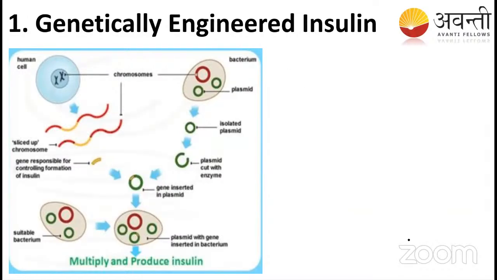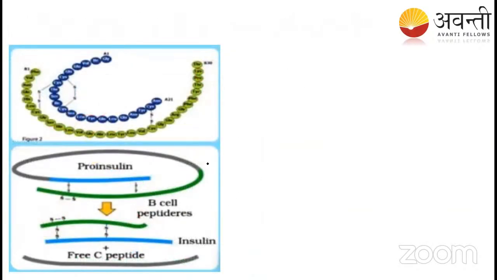See here, this is the proinsulin. It has the A chain, this is the B chain, and this is the C chain. The A chain is made up of 21 amino acids and the B chain is made up of 30 amino acids.